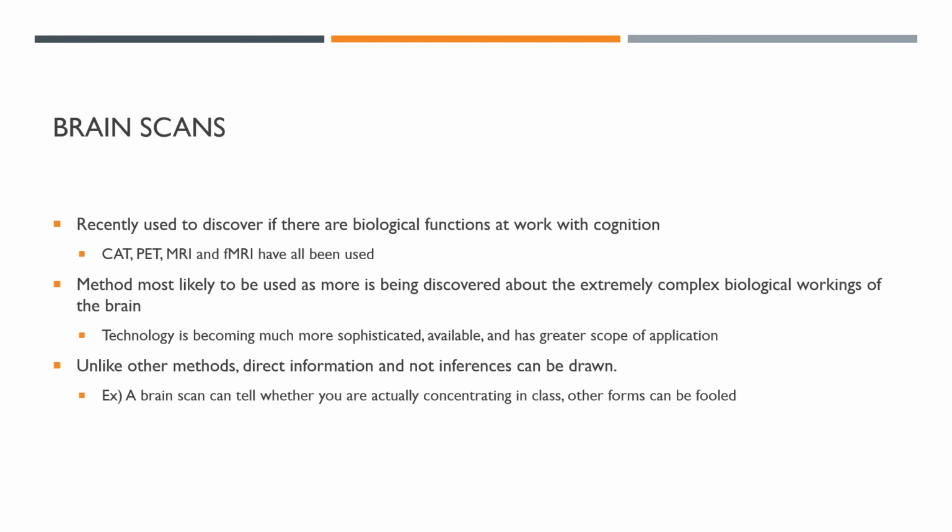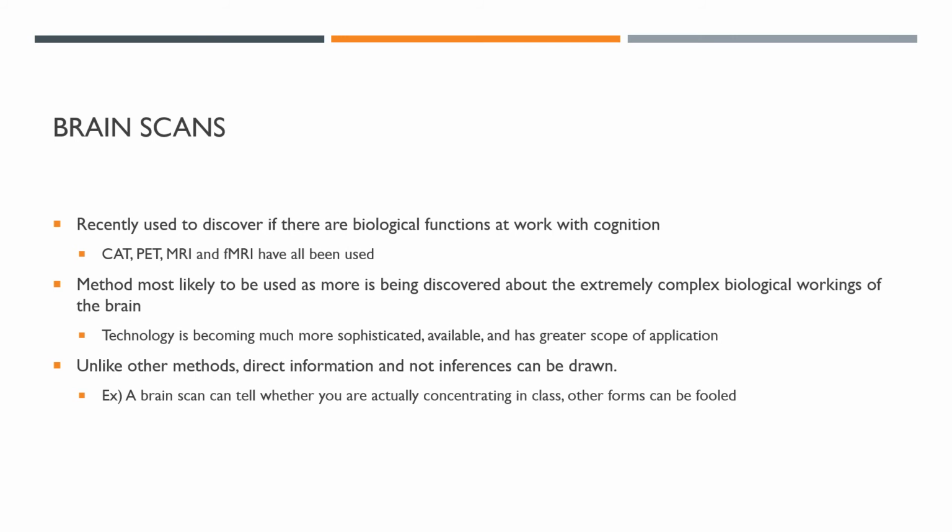Brain scans. These were recently used to discover if there are biological functions at work within cognition. So are there different parts of the brain that deal with cognition in ways that are different than what we thought? CAT scans, PET scans, MRIs, and fMRIs have all been used to ascertain this information.